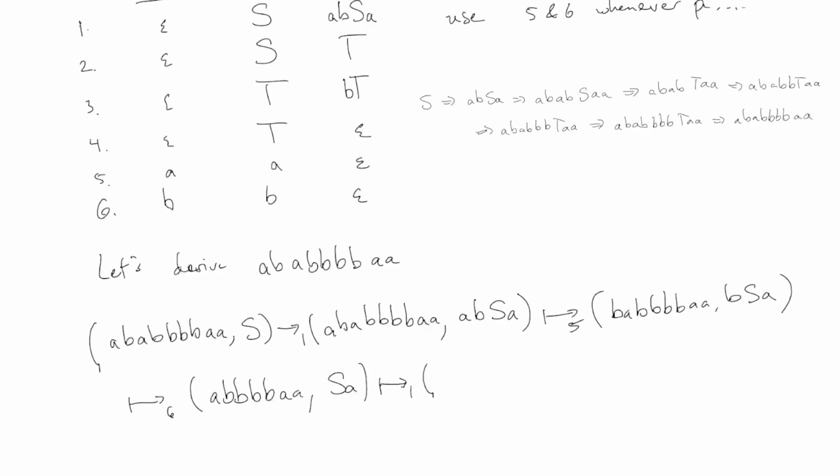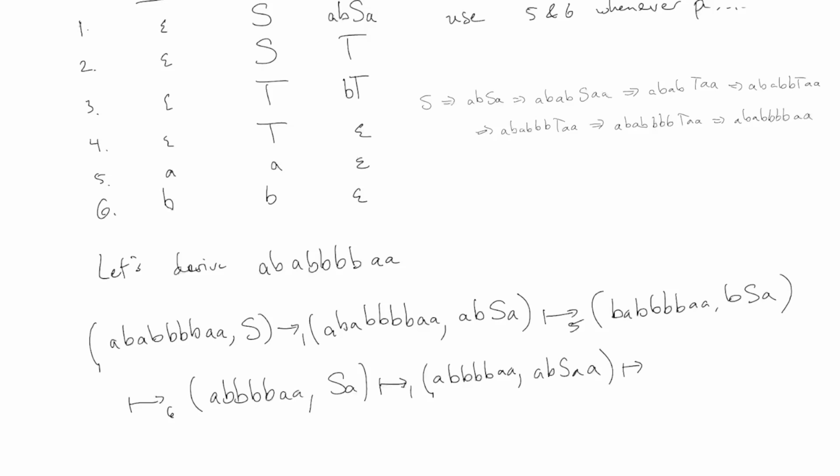So it's an epsilon read, so my string stays the same, A, B, B, B, B, A. But now S, you pop S and replace with ABSA. So now it says ABSAA on the stack part. All right. Great. Now I can do rule 5 to clear the A's and then rule 6 to clear the B's.